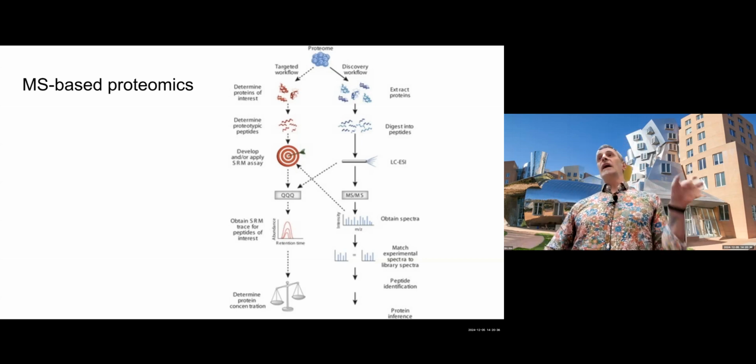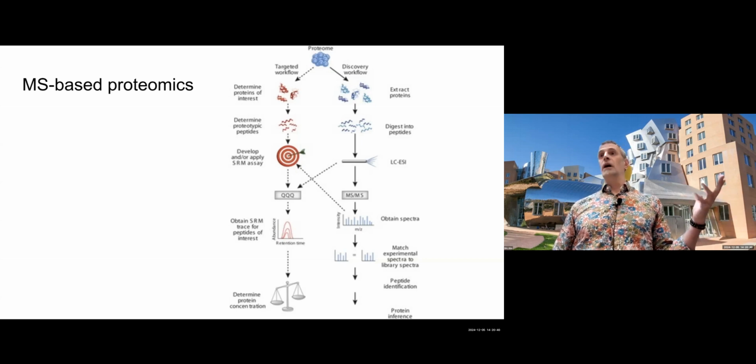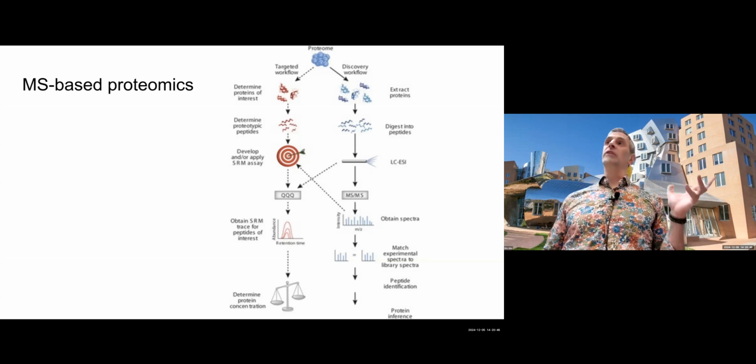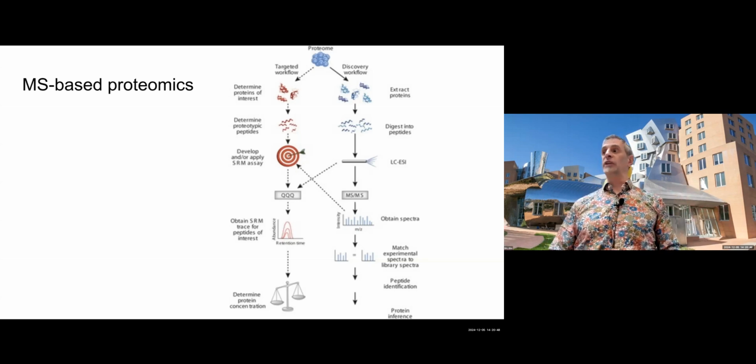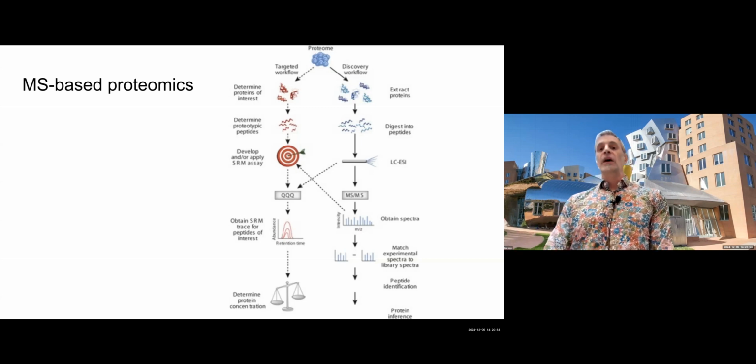So we can either go in trying to annotate a handful of proteins that we really care about, or we can try to discover what the proteins are that are interesting in the sample and which ones are changing in response to some perturbation.